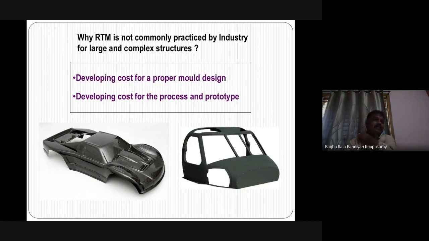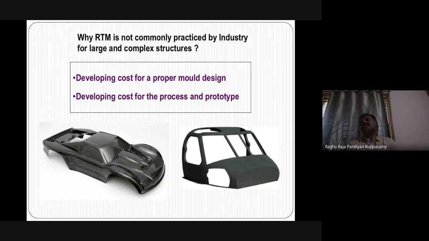Irrespective of all these advantages, RTM is not commonly practiced by academicians, researchers, or big or small scale industries producing large and complex structures, for a reason. First, there is the development cost of a proper mold design.